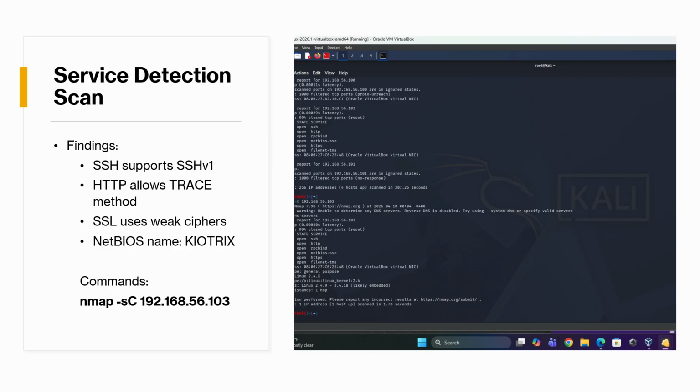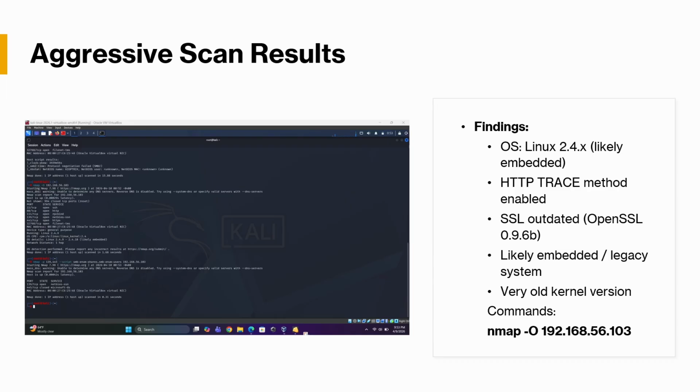Additionally, the SSL configuration shows outdated cipher suites such as RC4 and MD5, which are cryptographically broken and vulnerable to interception or downgrade attacks. The presence of NetBIOS also indicates that SMB enumeration may be possible, which is commonly exploited in legacy systems.